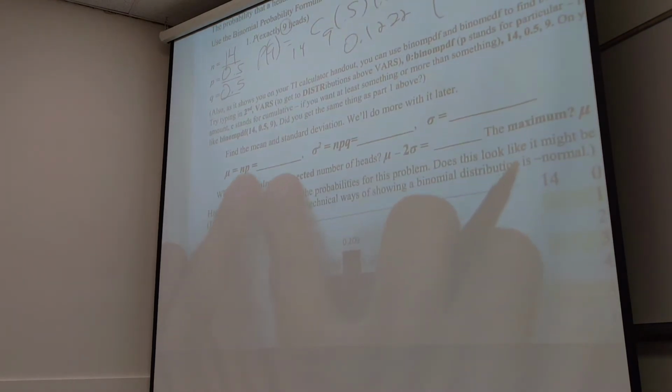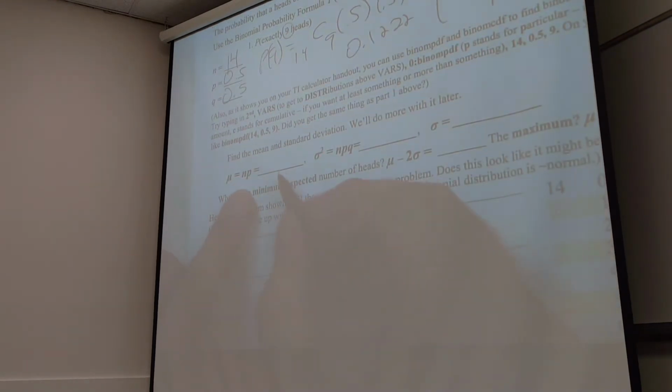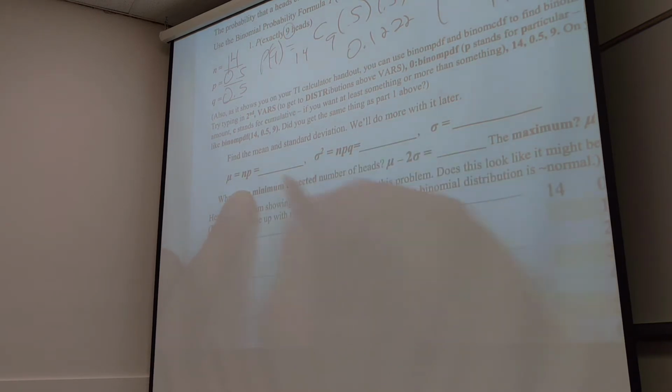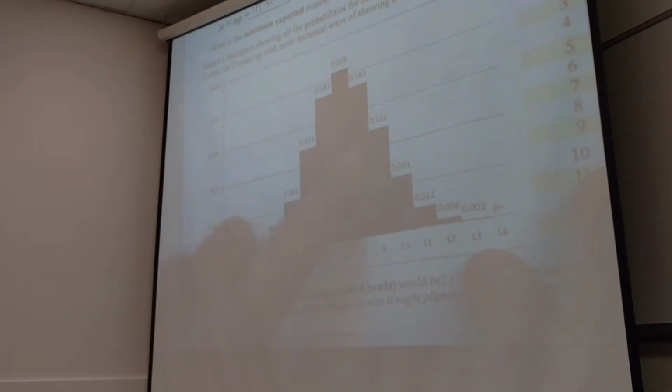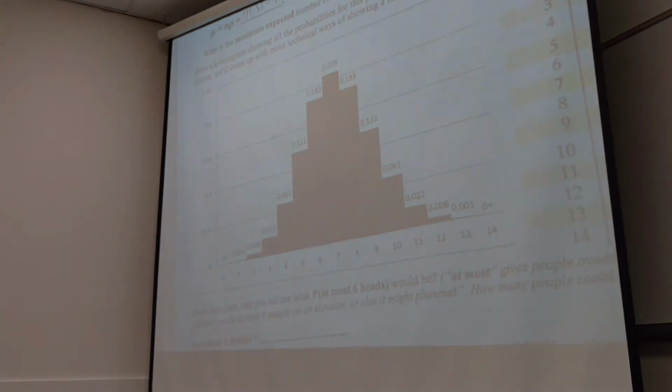So let's come back to here. I think we did this one last time also. The mean, of course, would be what? Out of 14 flips, I expect how many heads? 7, because 14 times 0.5 is 7. And if you look at the picture, the highest bar is 7. So the mean should be close to, if not at, the highest bar.